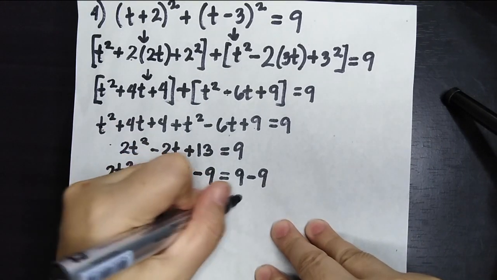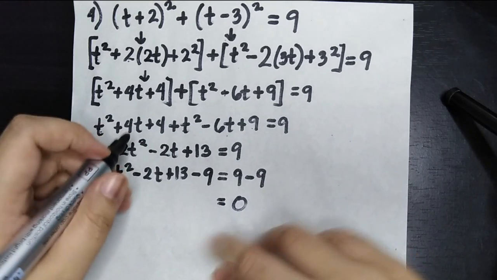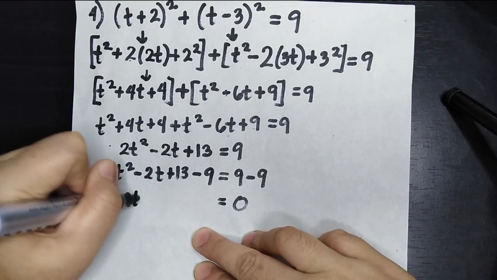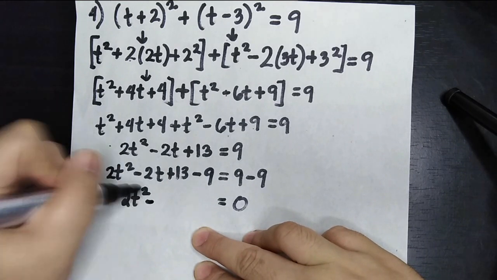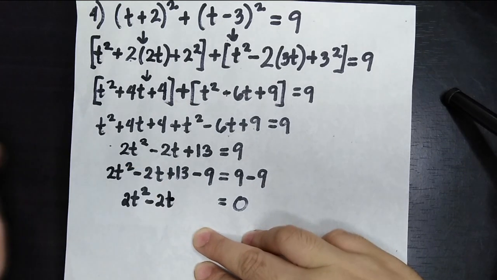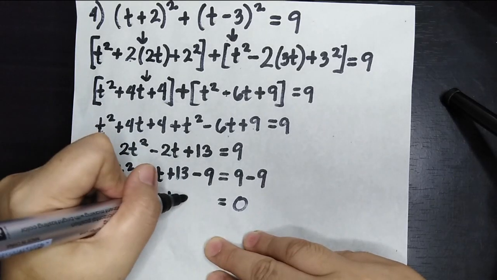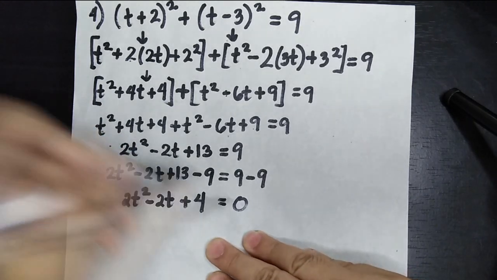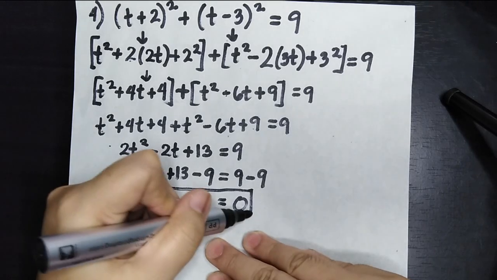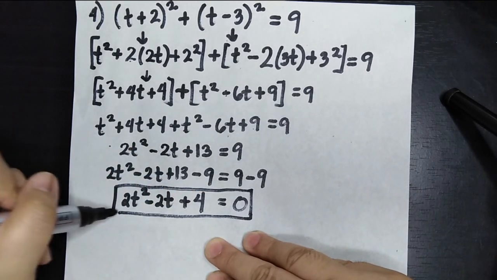Okay, so this becomes 0, and then we have 2t squared minus 2t, and then 13 minus 9, that is positive 4. And this is now our quadratic equation.